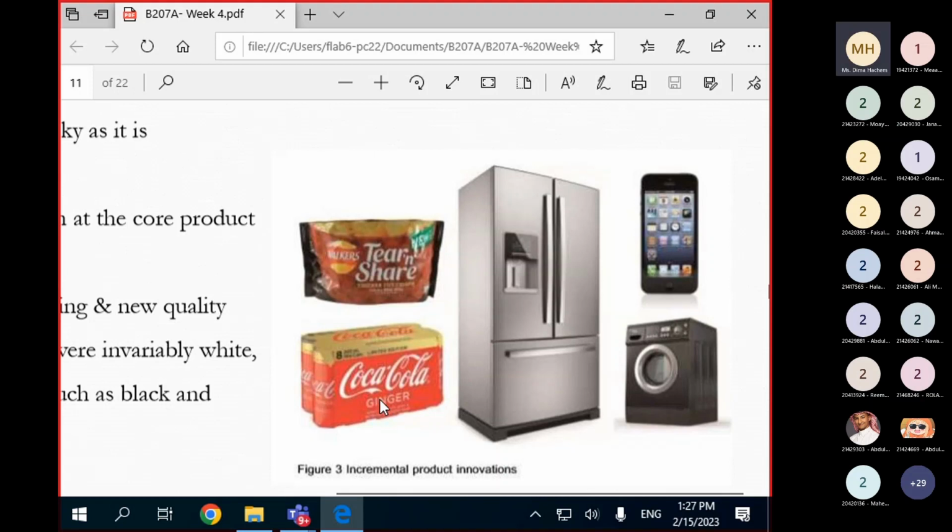How many flavors do you think they have tried until they reached the Coca-Cola ginger? They have done a lot of research and development. They tried so many different levels of ginger or other flavors until they reached the best combination. All right. Of course, a lot of people tasted it.